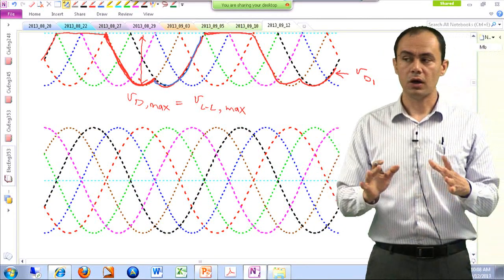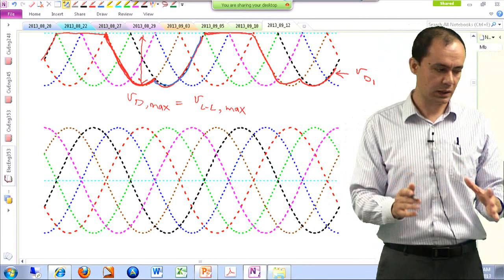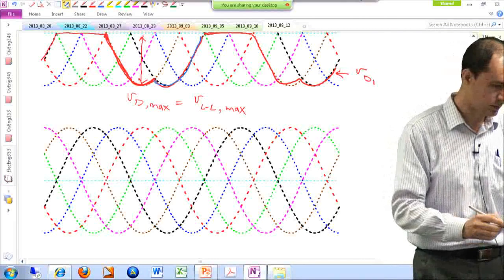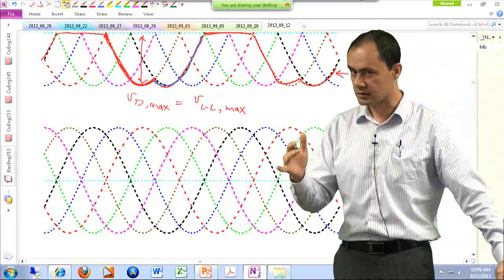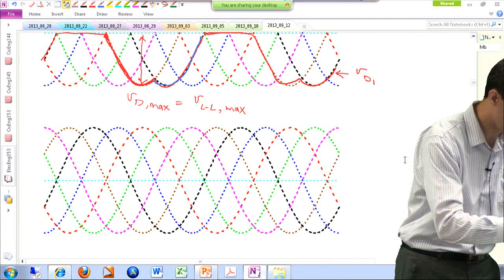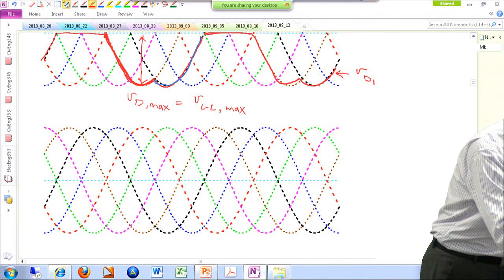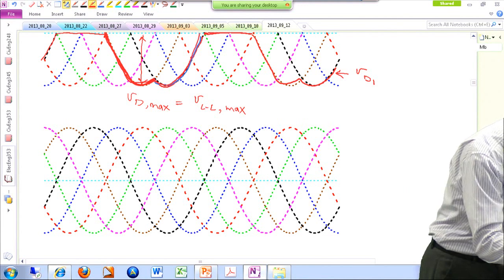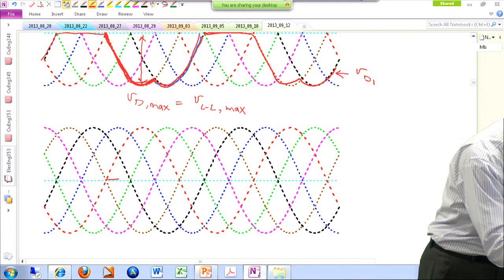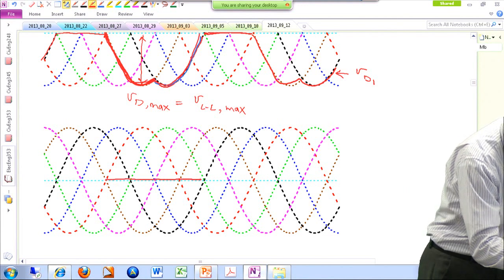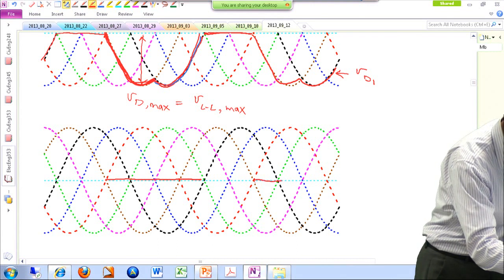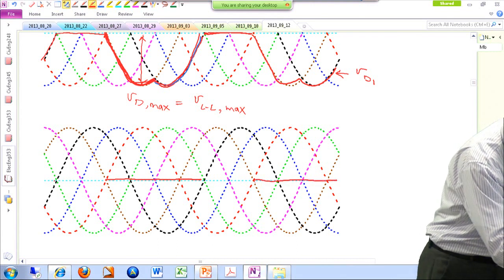So diodes have non-zero current as long as they are on and the voltage drop across them is 0. So whenever the diode is off, I'm guaranteed that the current of the diode is 0. So I know that by looking at the voltage drop on the diode, it is off here and it is off here. So all I have to do is just plot 0 here, and also here, and also here.